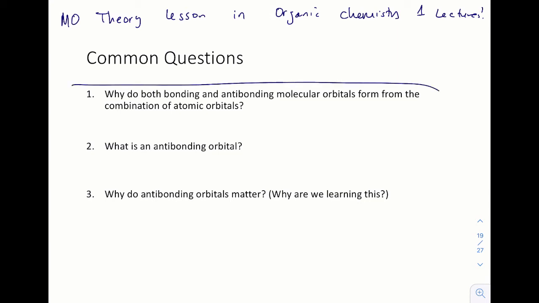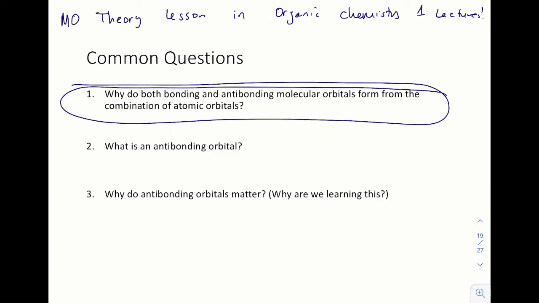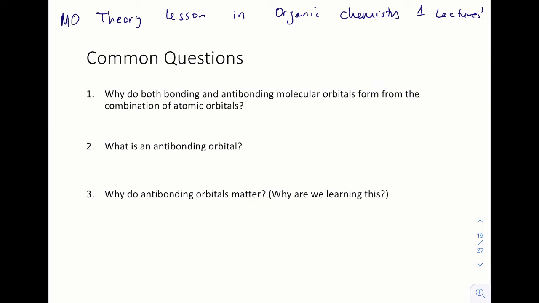So you might be wondering, why do both bonding and antibonding molecular orbitals form from the combination of atomic orbitals? Well, remember that the model for orbitals are wave functions, and wave functions can have 2 different phases, positive or negative.